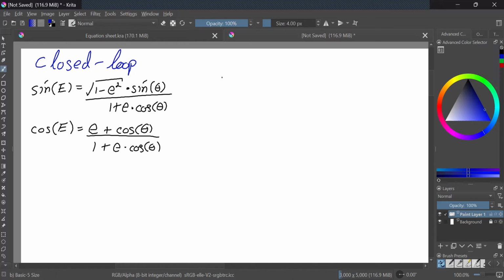Now, with that in mind, we're going to look at our, I don't want to call them open loop because it's not a loop. It's, yeah, escape trajectories, and I will go ahead and abbreviate that.